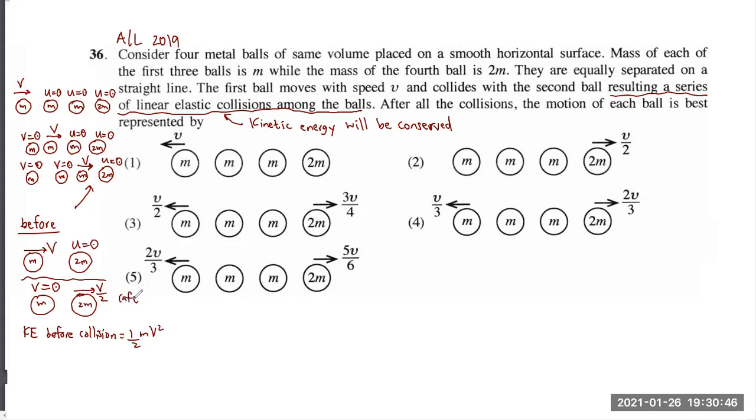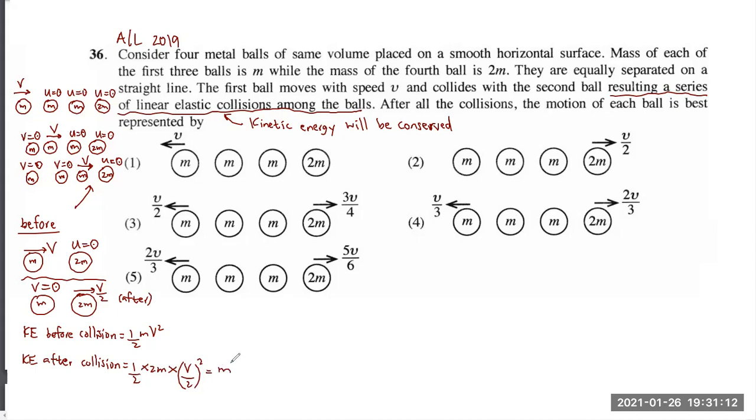If this were the correct one, then the second option would be the answer. But I'm saying it's incorrect. Why? Kinetic energy after collision will be a little different. It will be half into 2m into v by 2 square. Then the 2 and 2 get cancelled off.